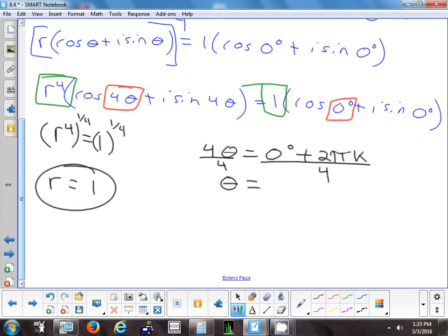So theta is going to be 2 pi k over 4, which reduces to pi k over 2. Now, we're going to get 4 answers. So what are the 4 numbers I'm going to let k equal? 0, 1, 2, 3. Yep. So go through each one at a time, and those are our 4 answers.